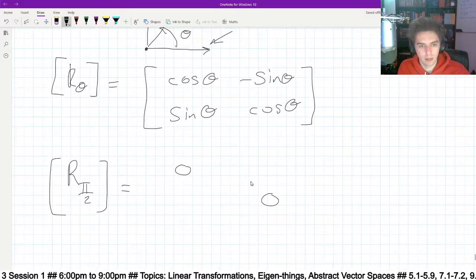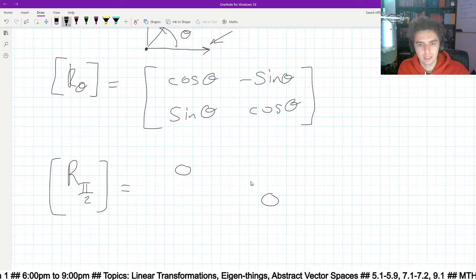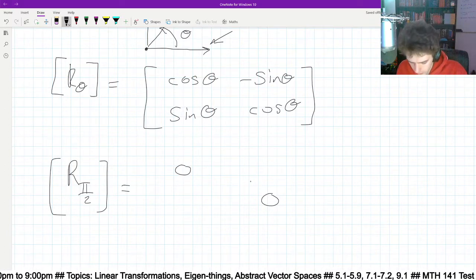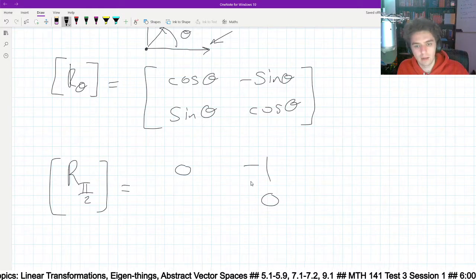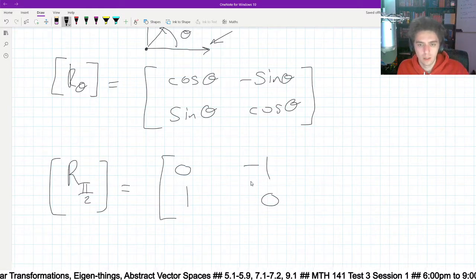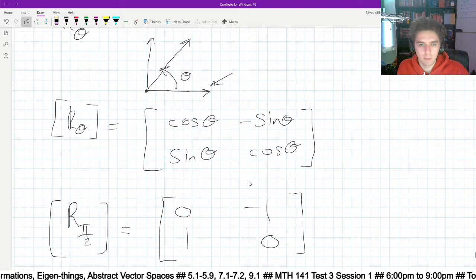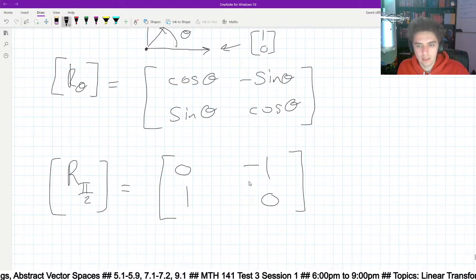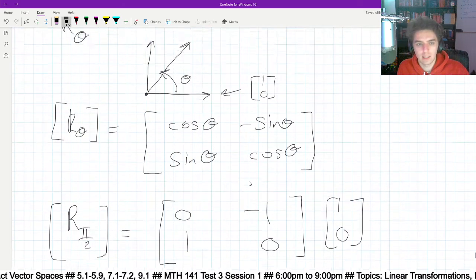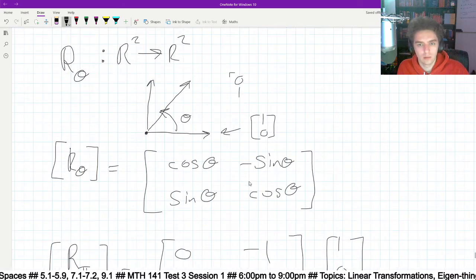So cos of pi over 2 is 0, and sine of pi over 2 is 1, I'm pretty sure, but I will check because, again, I am bad at remembering. So we put negative 1 here and 1 there. Ideally, if I multiply this vector, which is (1, 0), by this, I'm expecting that I will get (0, 1).